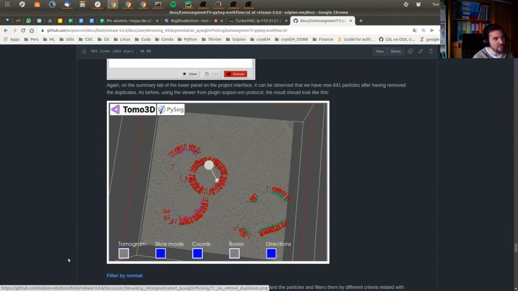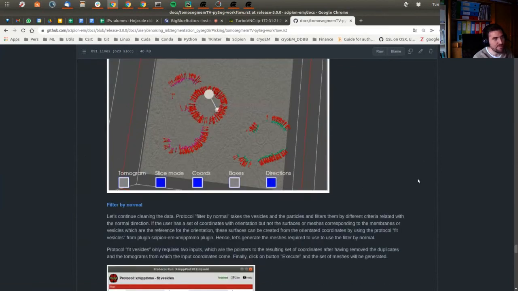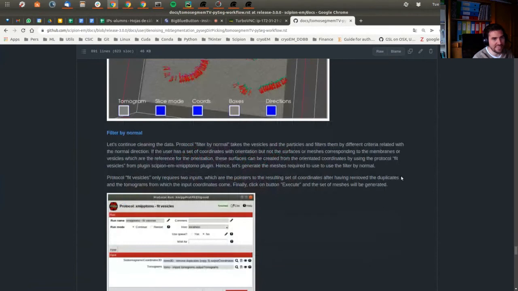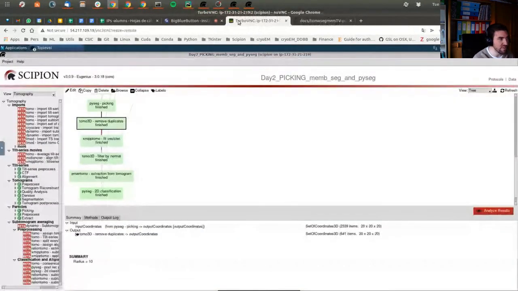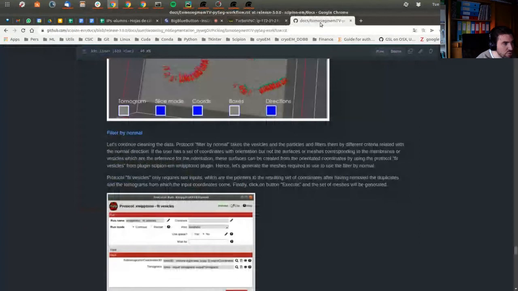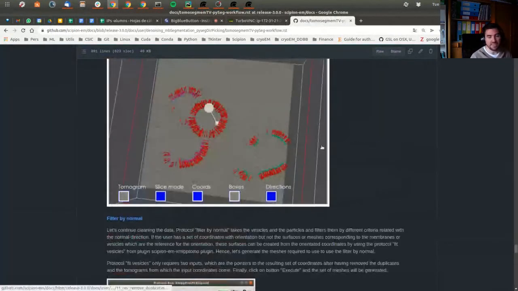Finally, we're going to filter by normal. What does it mean? You can have different orientations of your particles with respect to the normal. You can have, for example, some which should be there, and you can have these ones.